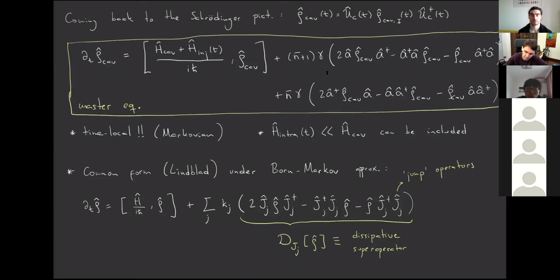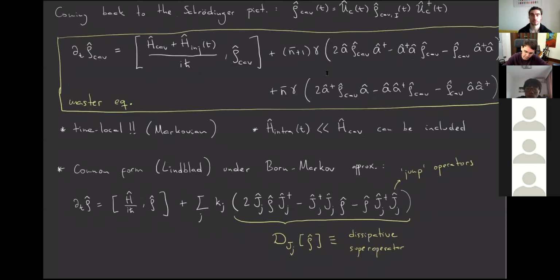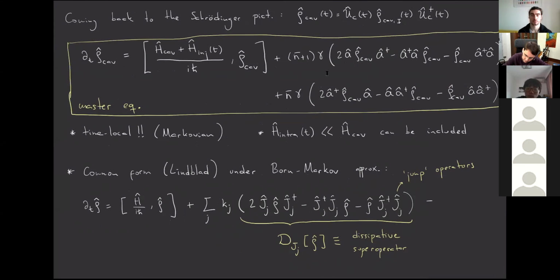And in particular, usually the whole right-hand side of the master equation, we represent it with a superoperator that we call L. And this usually is called the Lindblad superoperator.